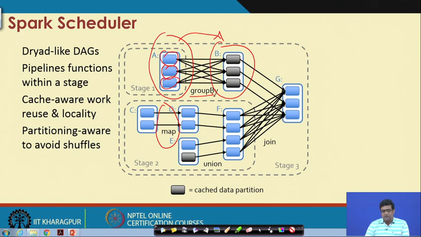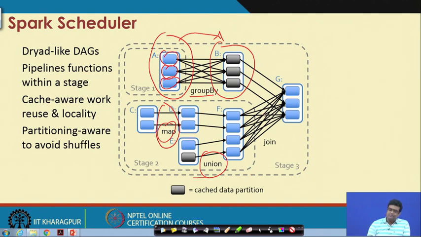Okay. So, now the way the Spark scheduler works is that it pipelines the one to one dependencies. So, all the one to one dependencies are executed together in one machine. So, even though there are 2 transformations here, this whole thing is compressed into one stage. Okay.